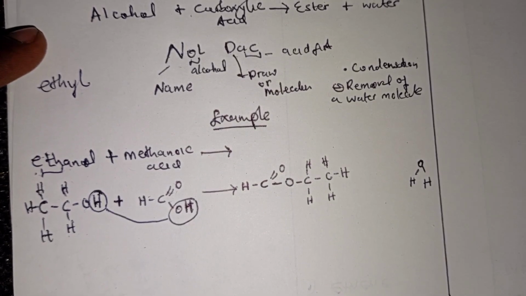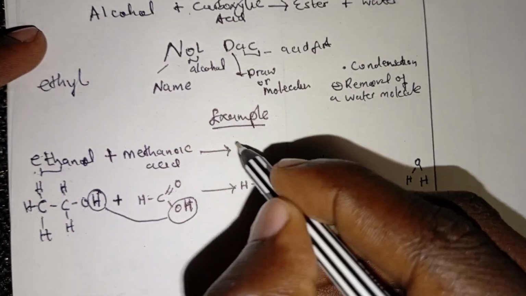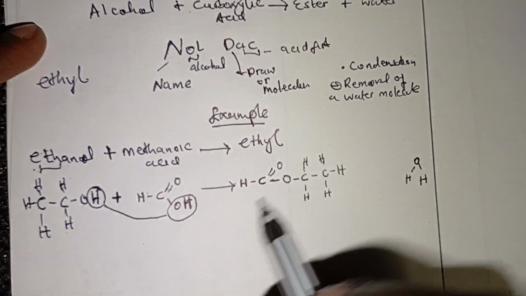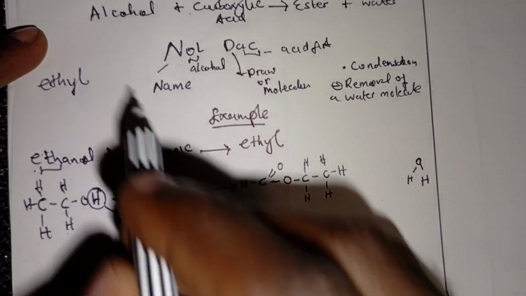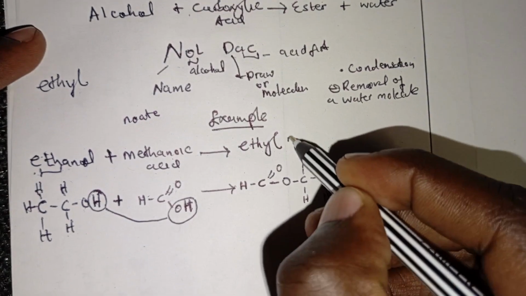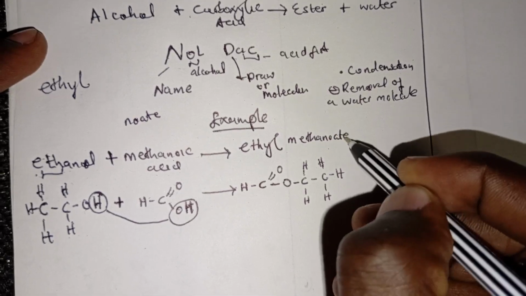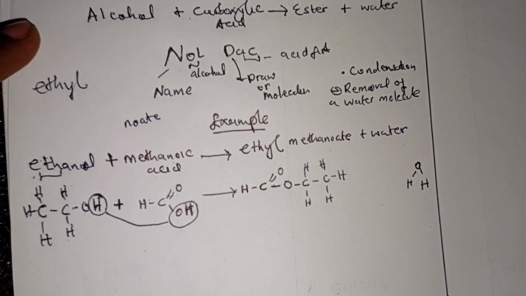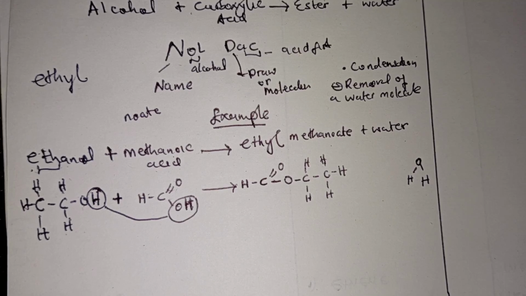It becomes ethyl. So the name will start with ethyl. Then from the acid, you change the noic to noate. So, ethyl methanoate plus water.